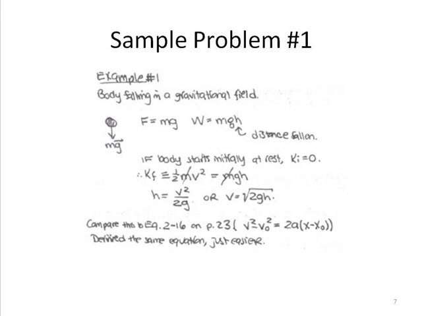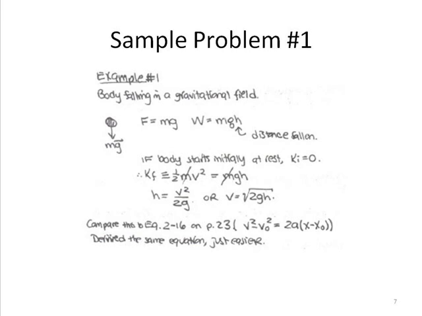If we go back to Chapter 2, we'll see equation 2.16 on page 23 has a very similar form. If we replace a by minus g, and we set x naught equal to 0, so we define the origin to be the point at which the ball is released, and we set v naught equal to 0, we'll see these two expressions are equivalent.